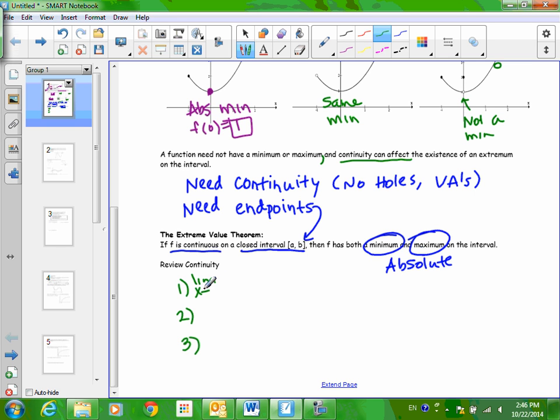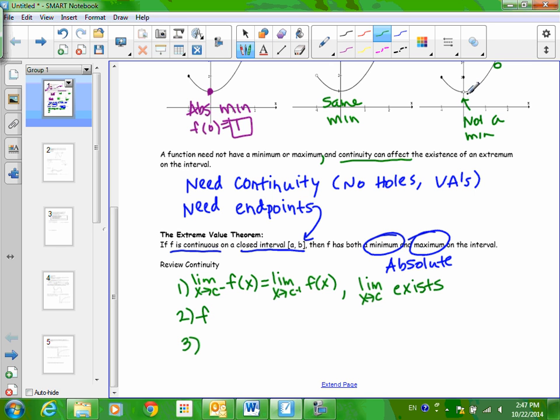The limit must exist. So I'm going to go ahead and write out the whole thing. The left-sided limit at any particular C has to equal the right-sided limit at that same number. Another way of saying that is that the limit as x approaches C exists. So the limit has to exist. What else has to exist? The point, the actual point. It can't be that just the limit exists.